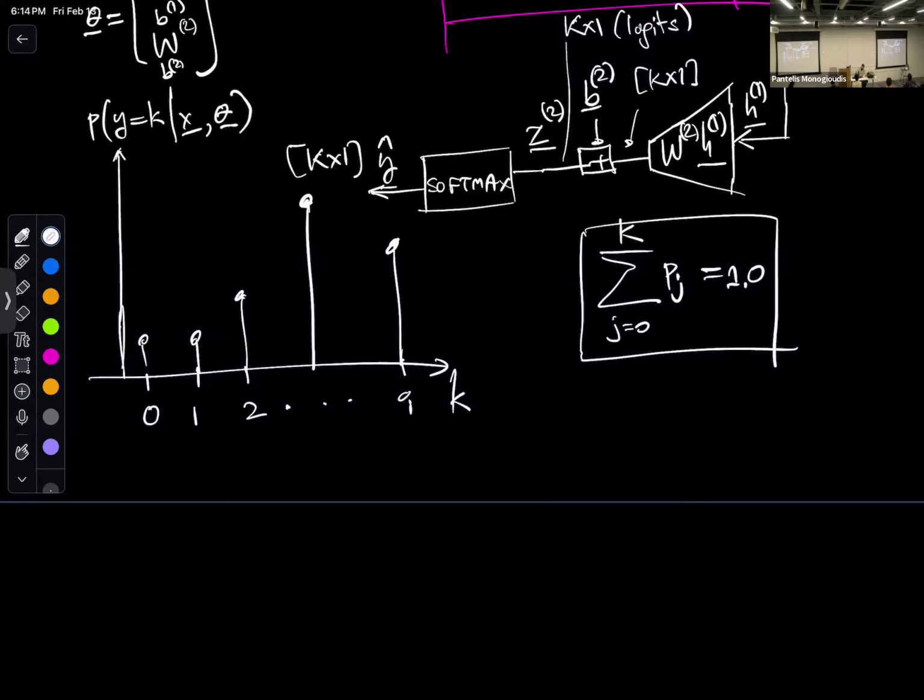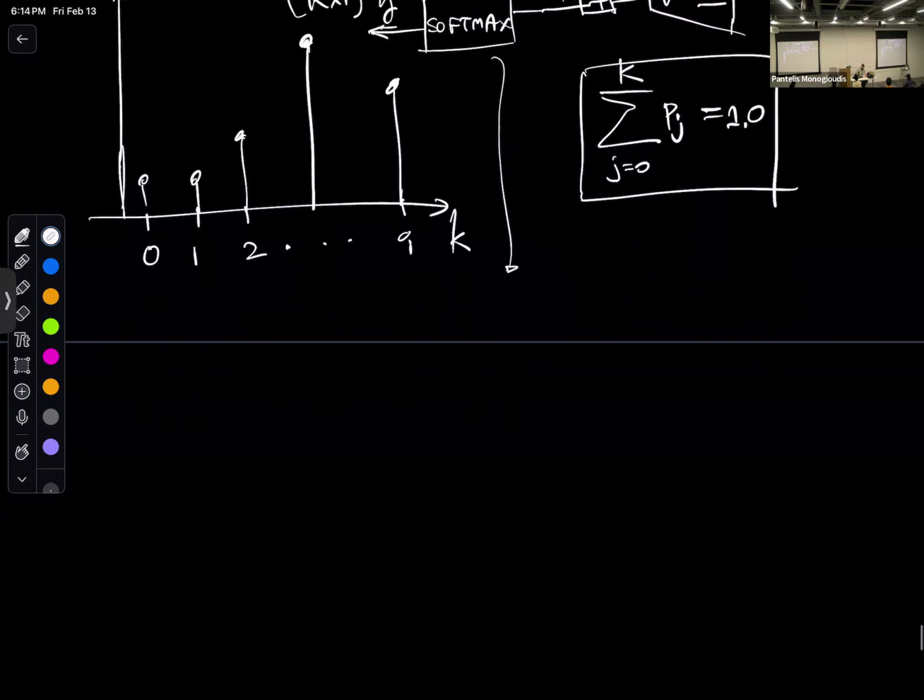And so this guy over here, this softmax, has an equation, and we need to understand why the equation is the way it is. Softmax of zk is equal to e to the power of zk over the summation over j of e to the power of zj.